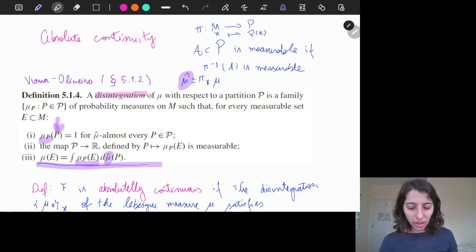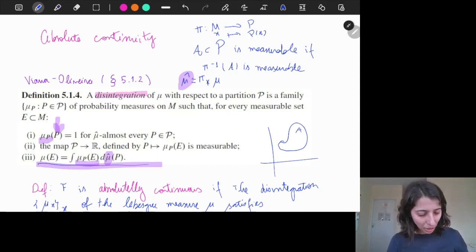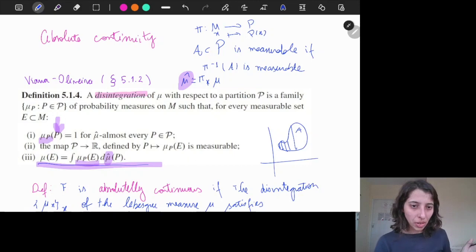And this is a generalization of Fubini's theorem from calculus, in which we have an integral in R^2, for instance, of this set A, or the volume of the set A can be measured by first computing the volume on the vertical lines, and for each one of these lines we have a value of the one-dimensional volume, and then we integrate the result here.